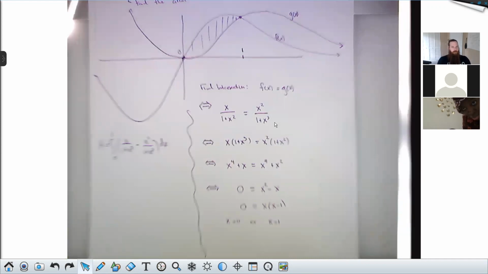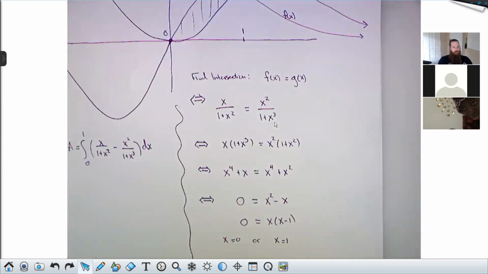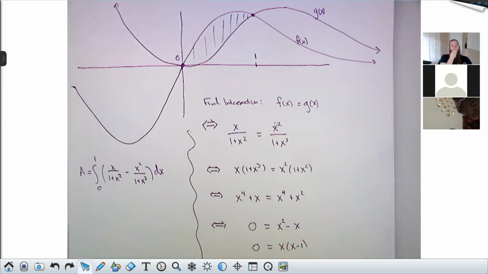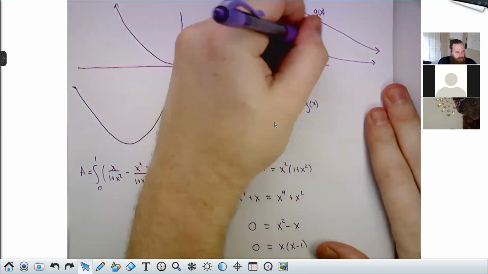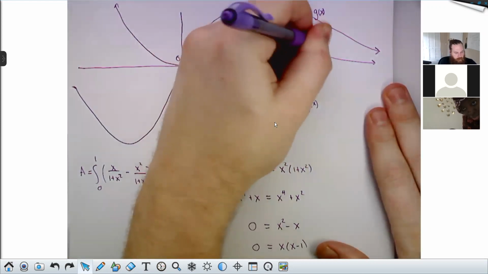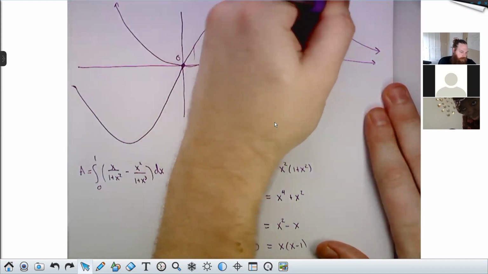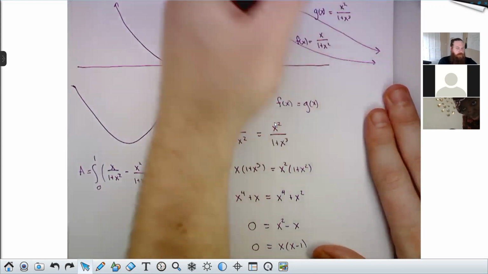So that's the integral that I need to solve. Again, f of x, this guy is x over 1 plus x squared, and g of x is x squared over 1 plus x cubed.